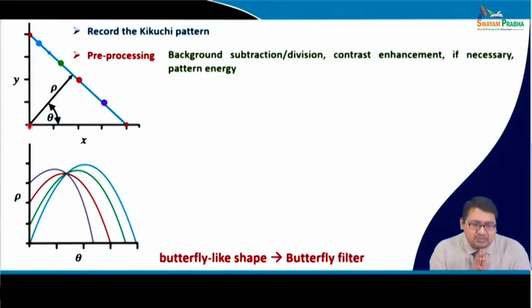Now, rho is the vector perpendicular from the origin to that band, and that has an angle theta with respect to the x axis, and if we put the sample in a correct manner, this x axis should be almost parallel to the rolling direction, for example, for a rolled sample.